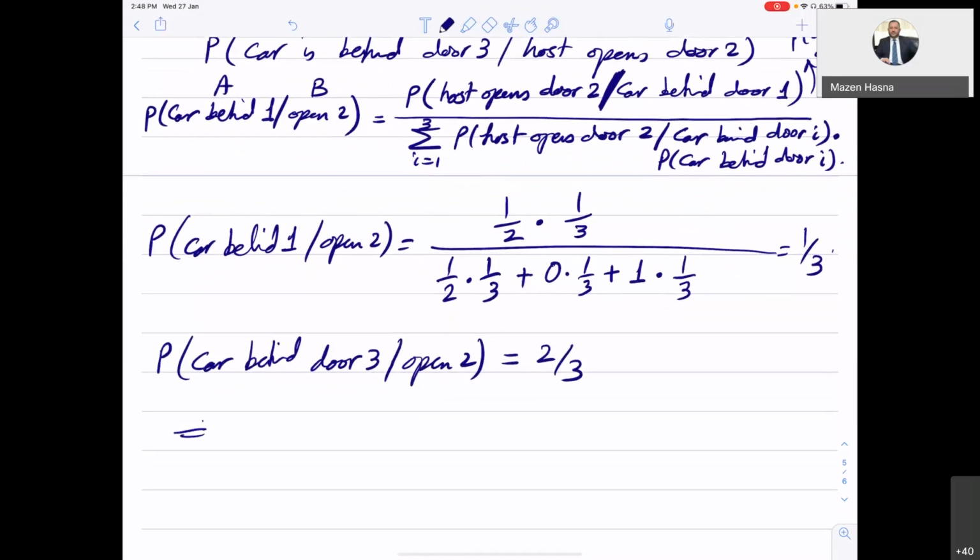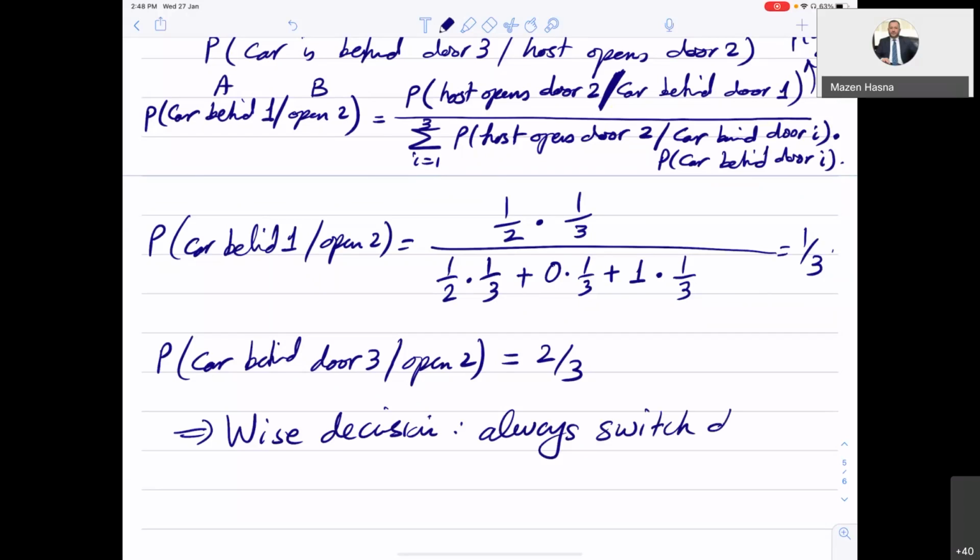So the wise decision is to always switch. Do this yourself to make sure you understand. If you don't understand this, that's okay. At least you need to understand the previous example.